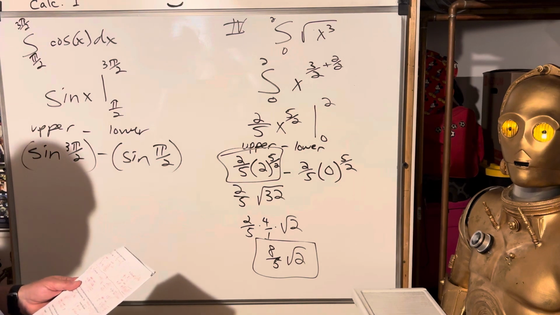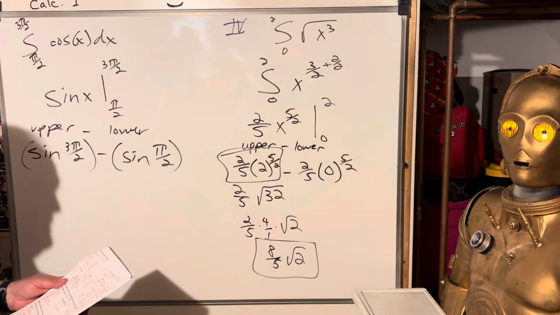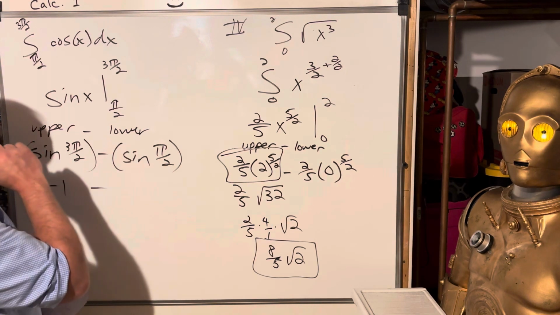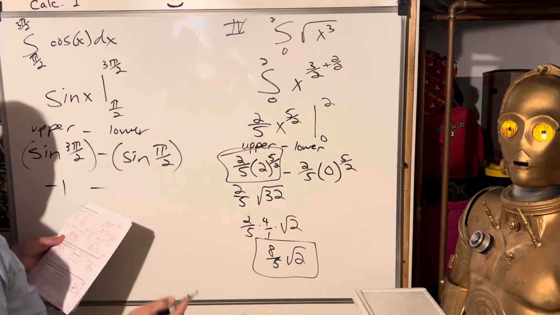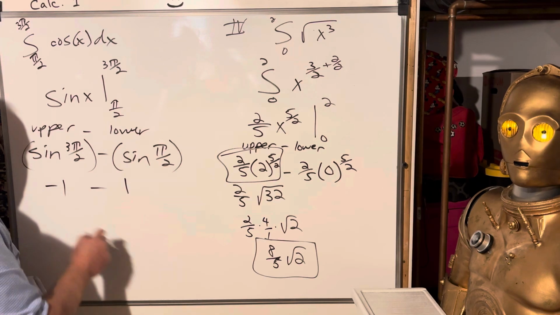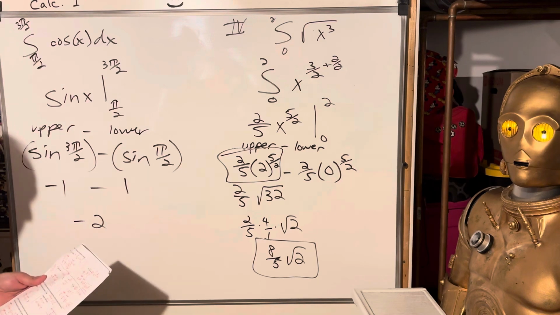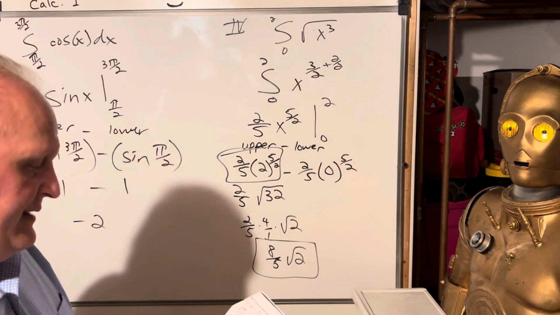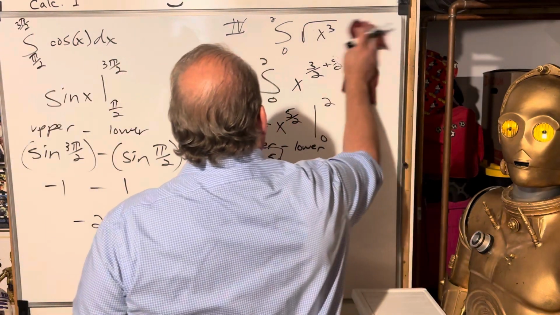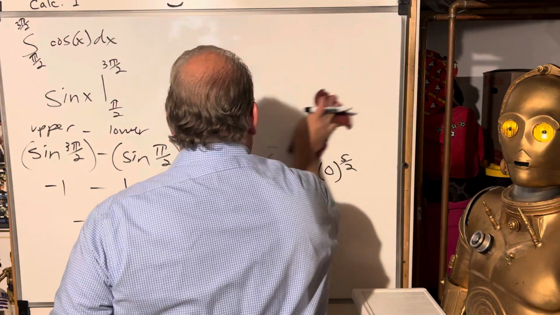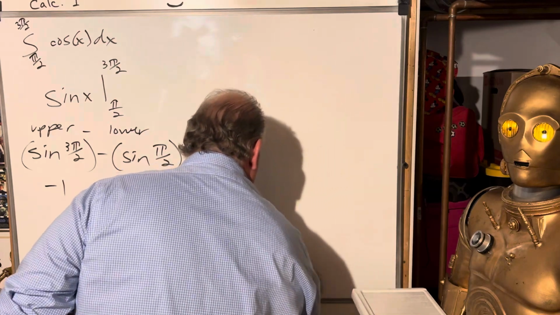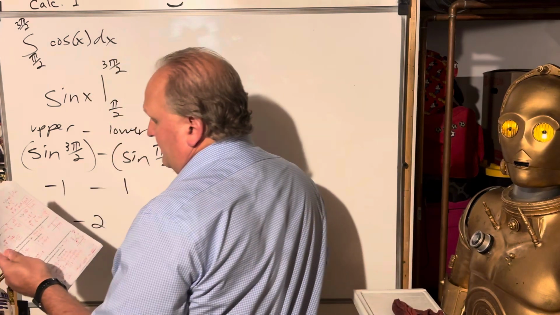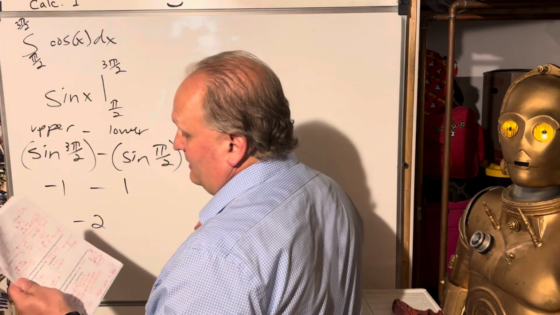Alrighty, so what is that? The sine of 270 is -1, and the sine of 90 is +1. And so we end up with -2. And again, we will examine how we're getting integrals where it's negative. It's basically the area underneath the x-axis instead of above the x-axis. But we'll explore it in the future. So that's not wrong. -2 is correct.